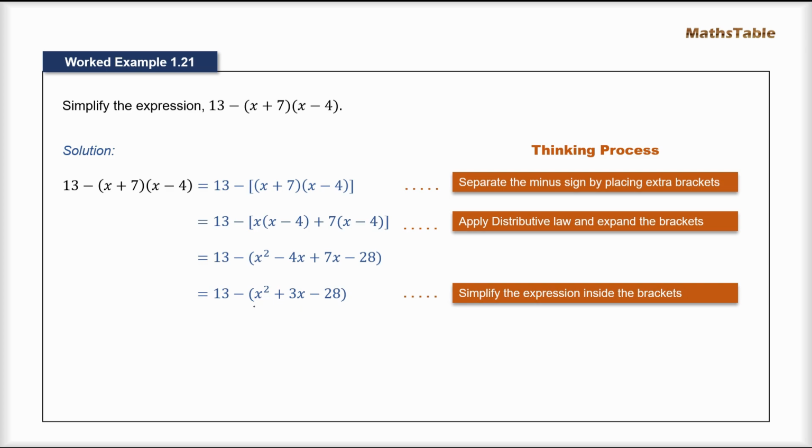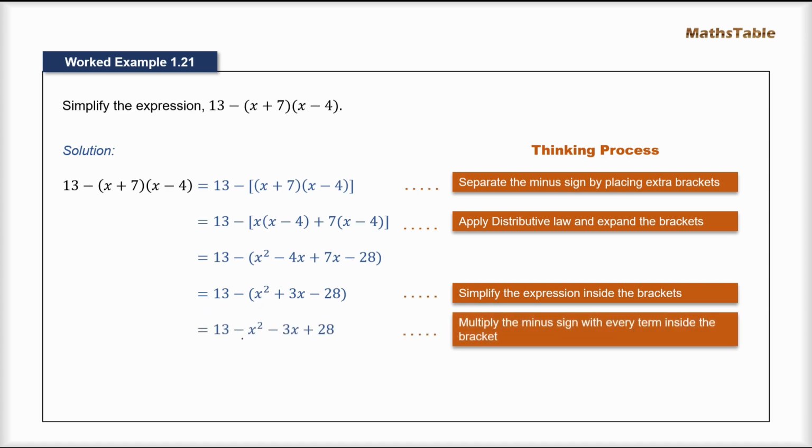Now finally, as we have obtained the simplified version of the expression inside the bracket, we can now open up this bracket by simply multiplying every term of the bracket with minus 1 outside. So opening up, we get 13 minus x squared, minus times plus is minus 3x, and minus times minus is plus 28. Now in the final step, we can see that we have two constants, 13 and 28.